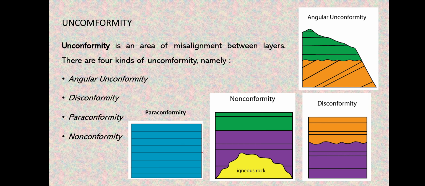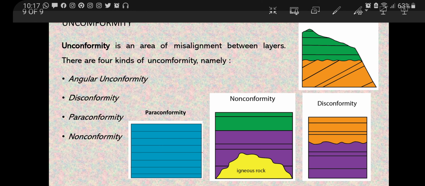Next is paraconformity. So paraconformity is also called a shadow alignment, which shows a layer above and below it that is parallel. And in this area of misalignment, there are no physical signs to distinguish. So yeah, it's just like this.